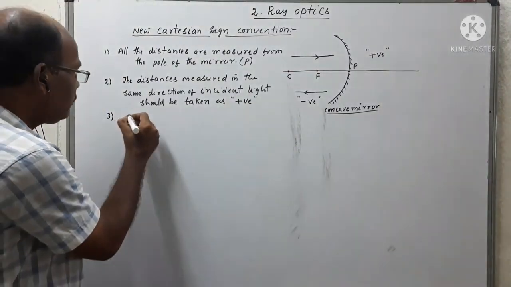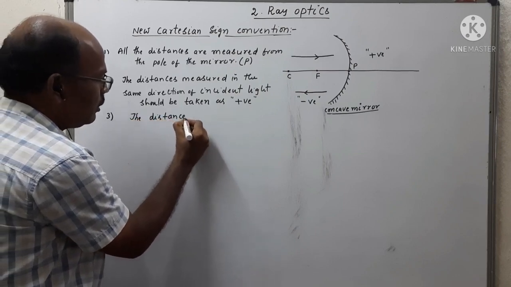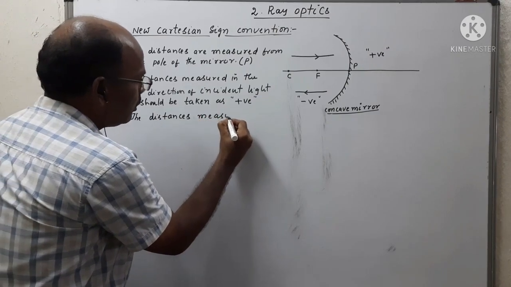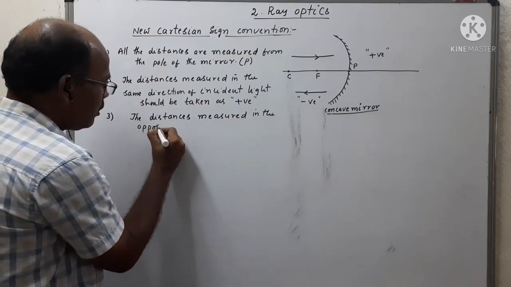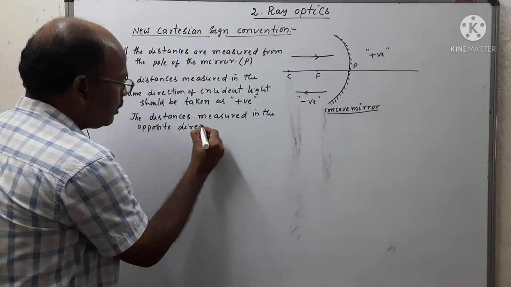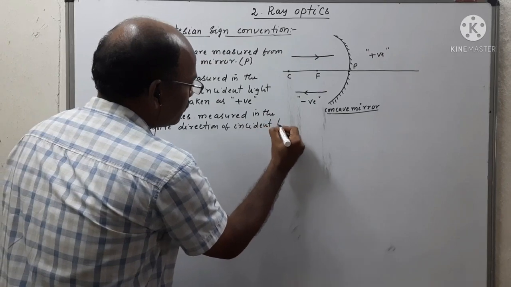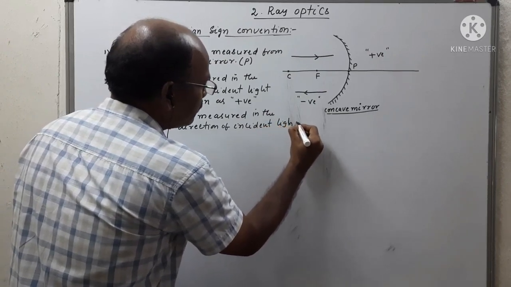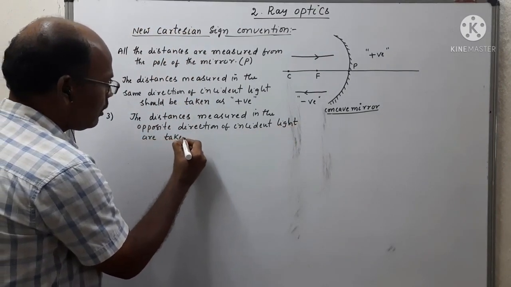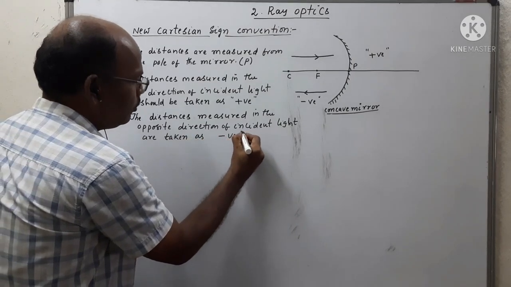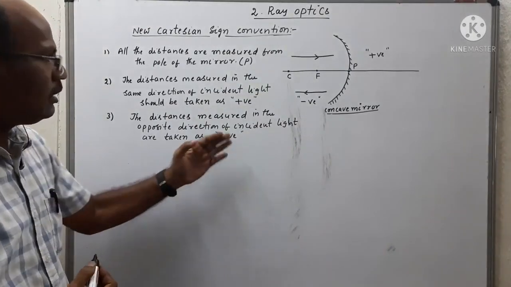Then we can write the third sign convention. What is the third one? The distances measured in the opposite direction of incident light are taken as negative.